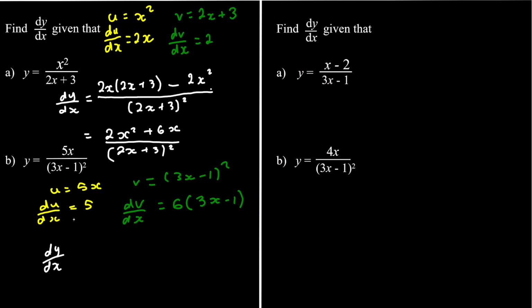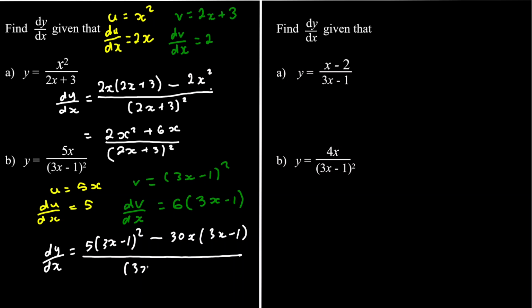That's the chain rule. So dy dx is v times du dx, which is 5 times 3x minus 1 squared, minus u times dv dx, which is 30x times 3x minus 1, all over v squared. So 3x minus 1 squared times itself is 3x minus 1 to the power of 4.